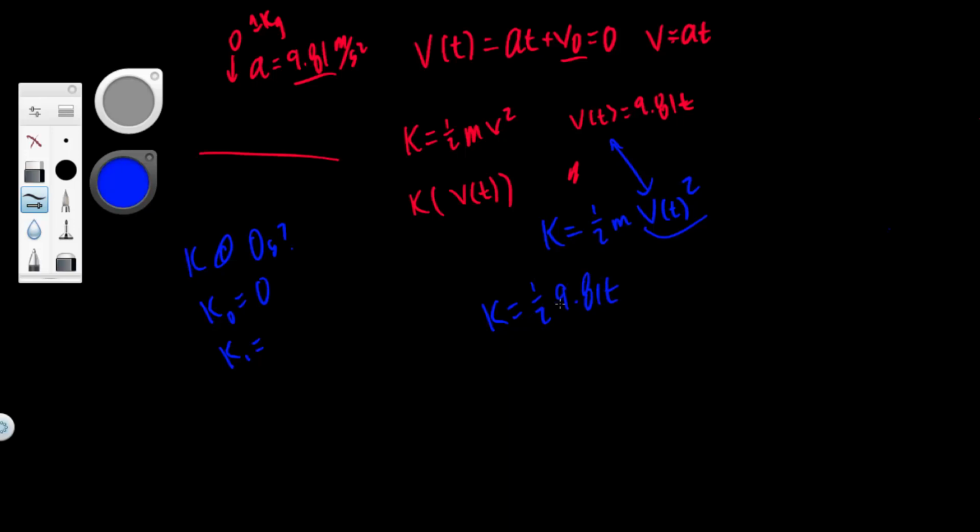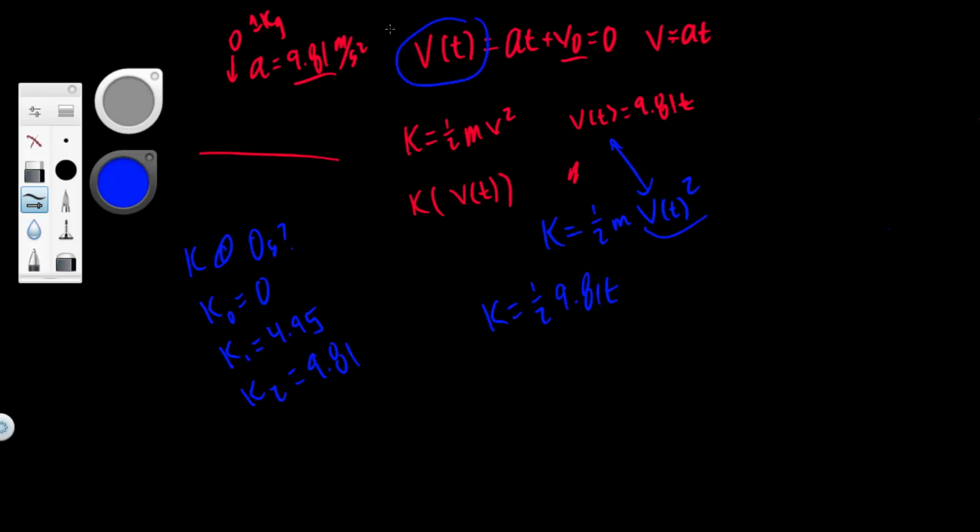So it is going to be, what, 4.95? 4.95, and if we look at the kinetic energy at 2 seconds, that is going to cancel out this half, so it's just 9.81.